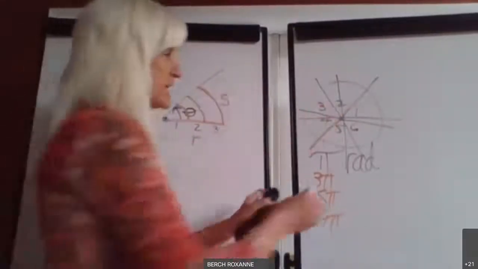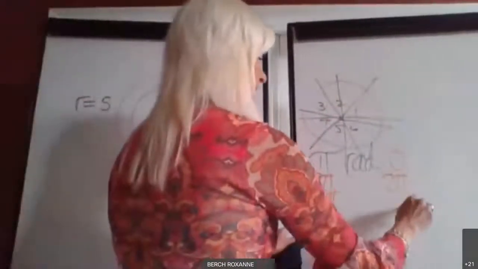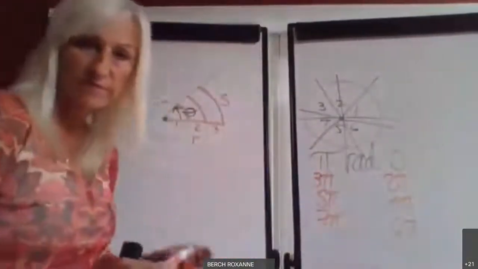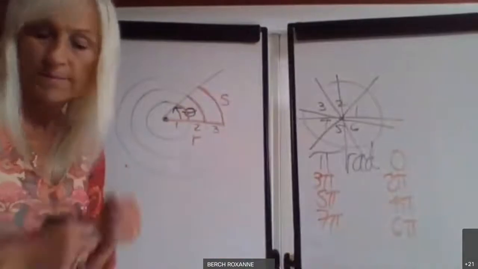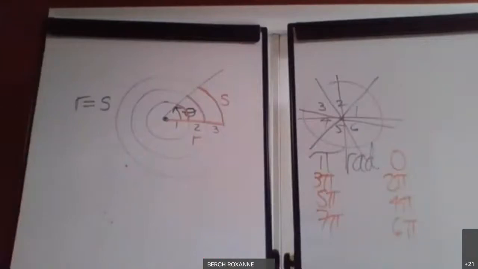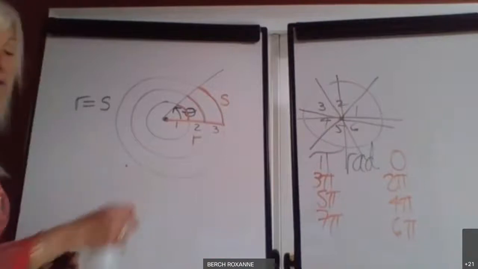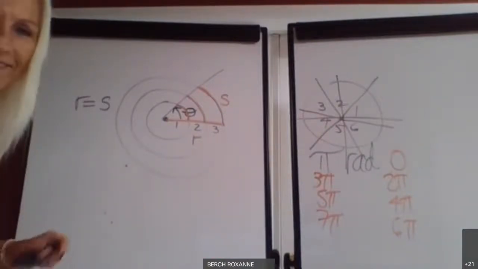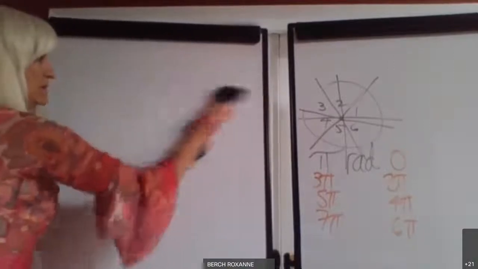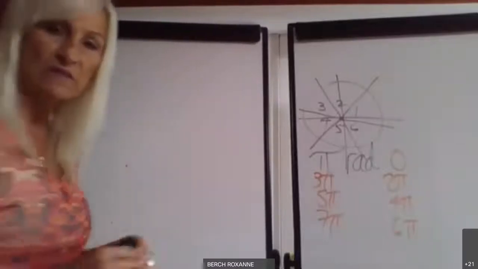And over there is going to be 0 radians, 2 pi radians, 4 pi radians, 6 pi radians. So now you know where the number pi came from. It's not pi, it's pi radians, which is 3 plus a little bit more radians.